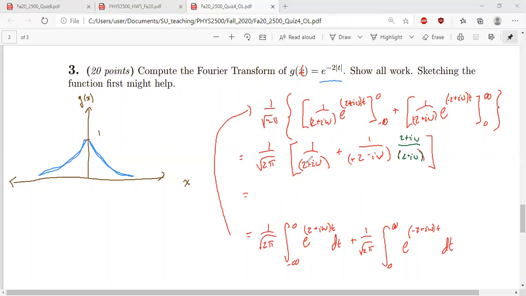And likewise for this, we could multiply it top and bottom by 2 minus I omega to rationalize stuff, multiplying by 1 in a nice way to get a really nice answer, as it turns out. Should be 4 over 4 plus omega squared. So that is the Fourier transform of this kind of gunky looking piecewise continuous falling exponential. It turns out to be a really nice algebraic form.